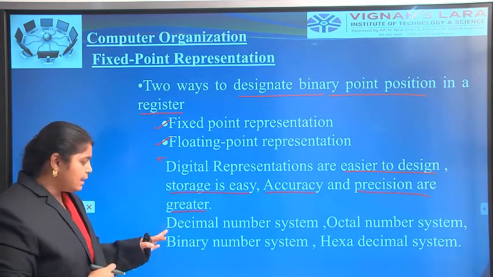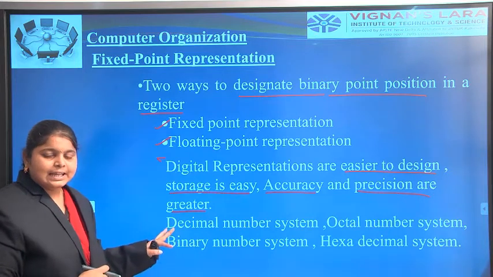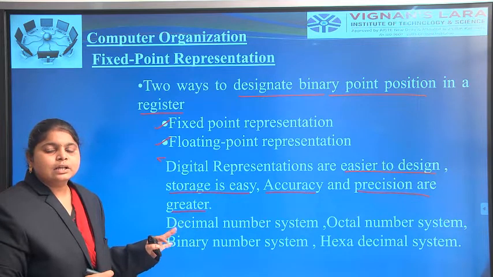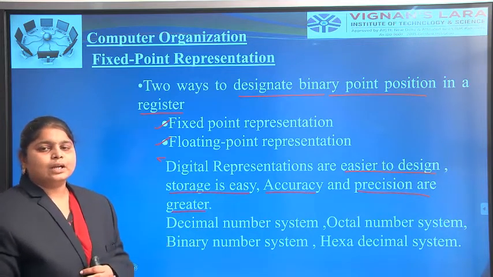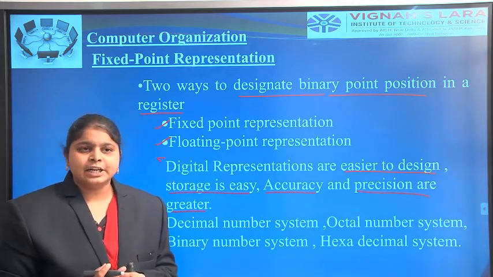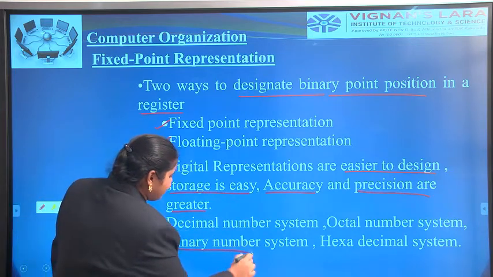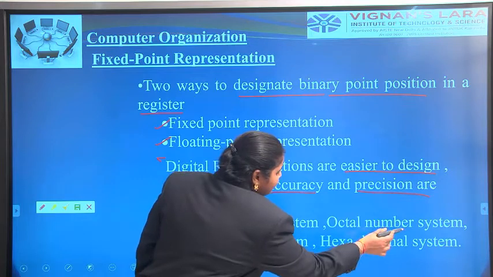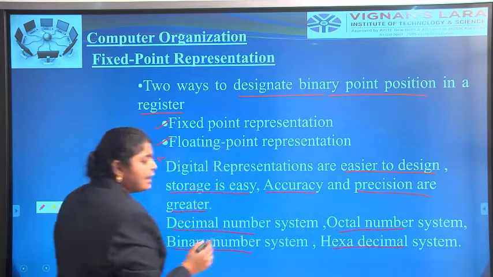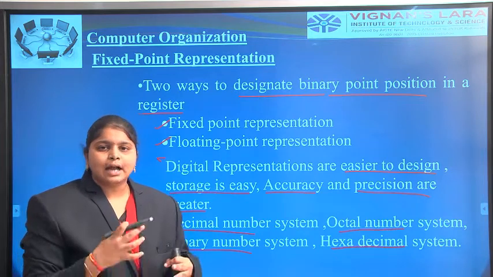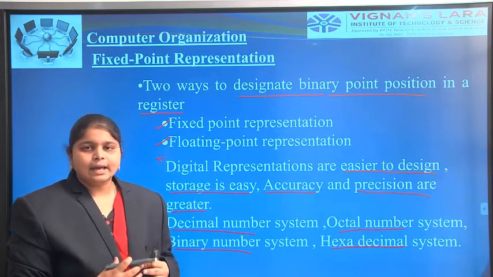Last class we discussed data representation. Data that can be stored internally in the various parts of the computer. Data representation means data in the form of binary numbers, decimal numbers, octal numbers and hexadecimal numbers. Data stored internally in the computer is known as data representation.